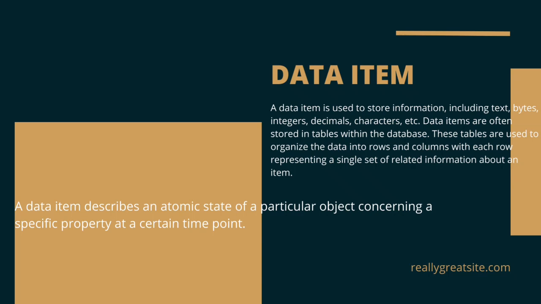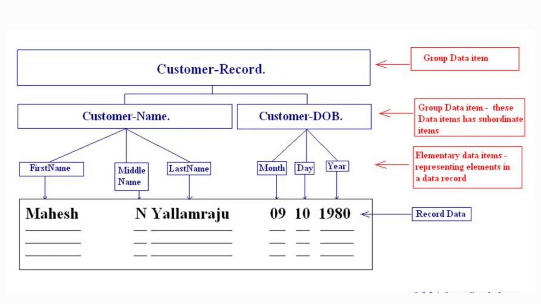A data item describes an atomic state of a particular object containing a specific property at a certain point. Now when you talk about a data item, you are referring to one singular unit of values. There are types of data item.